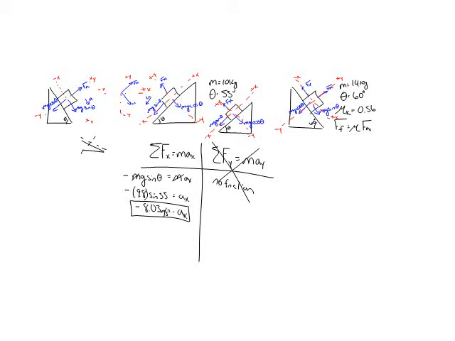So normal force is something cosine theta. mg cosine theta? Actually, it's just g cosine theta. We'll see why. Aren't the m's always going to cancel? Not always. When are they not going to? When you have them on both sides like this. It was just an algebra thing.